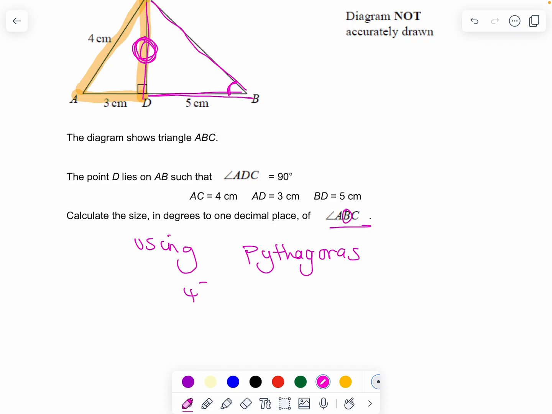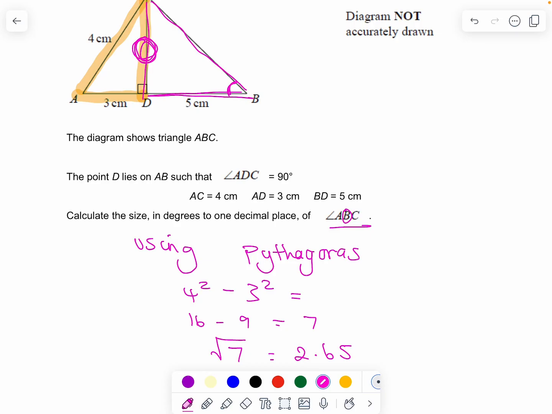I'm going to do 4 squared, take away 3 squared, which gives me 16 take away 9, which is 7. So I need to square root 7. You can either leave it as square root 7 because you're going to use it later on, or make sure you save it in the memory of your calculator. So that's 2.65.